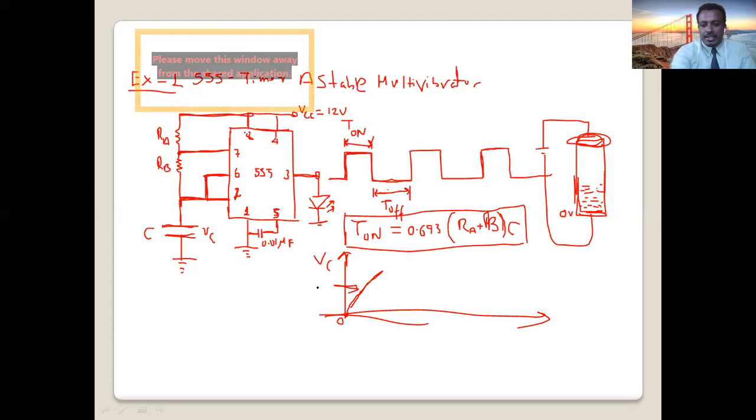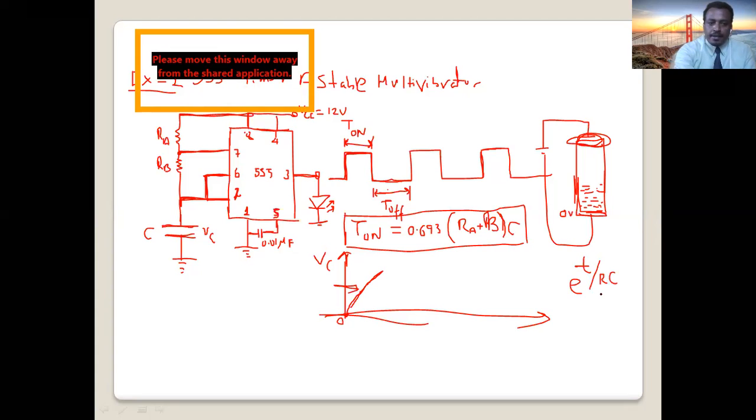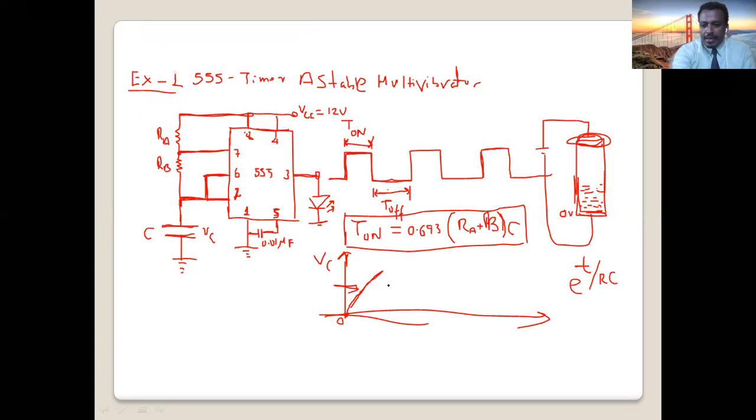The capacitor charges exponentially, e raised to t divided by R times C. Resistor and capacitor determine the time for charging. Okay, how fast the capacitor charges and discharges depends on the value of the resistor and the capacitor.